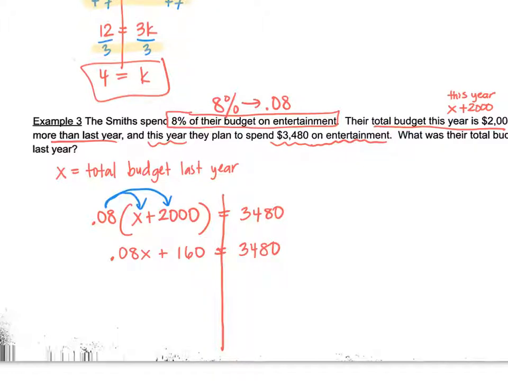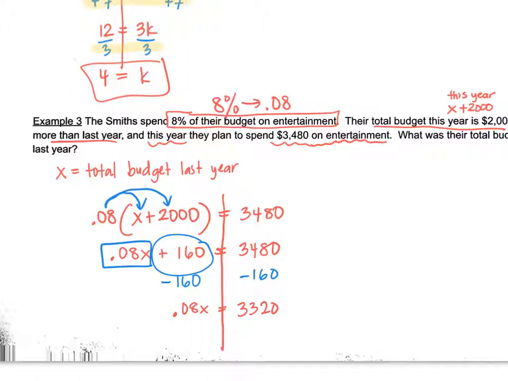So the step after, well, I got my variable there. I have my constant there. Let's subtract 160 since it's showing plus 160. Subtract 160. Okay, I just have 0.08x on that side. And then I have, let's see, 3,320.